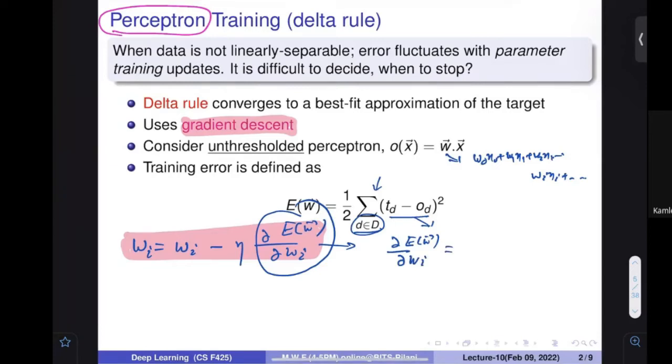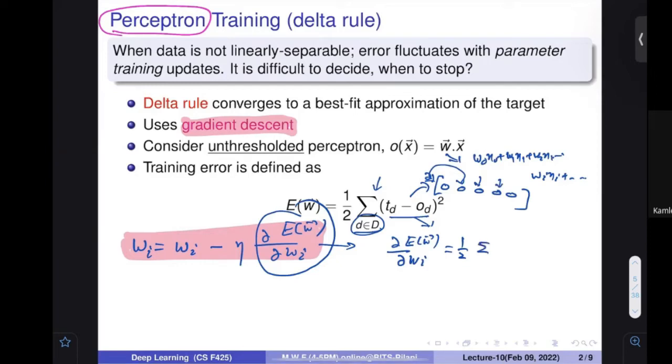You have to find the derivative of this quantity. It is half multiplied by the summation term. Right now don't neglect it, let it be there, because there are multiple terms. If there are multiple terms and you want the derivative, the derivative can go inside and you can find the derivative of each individual term.